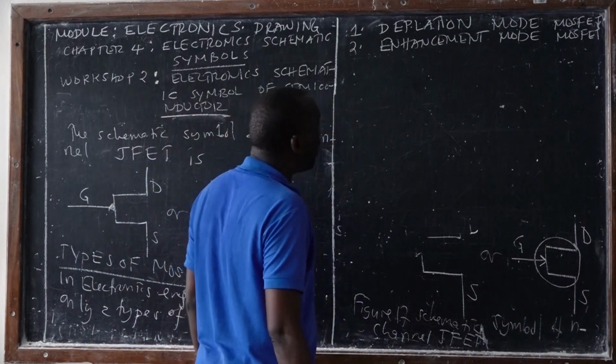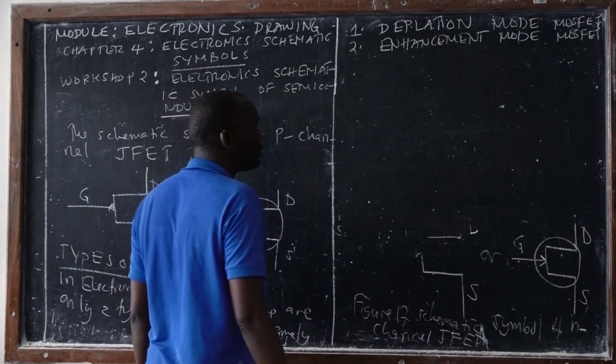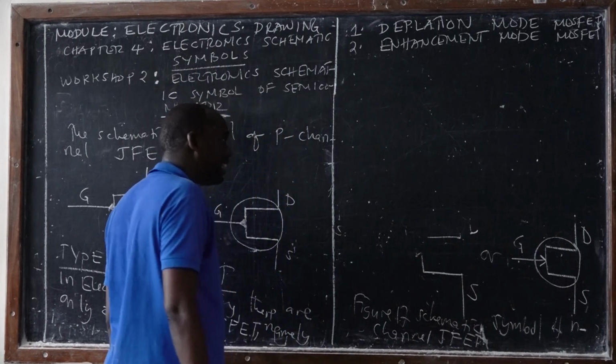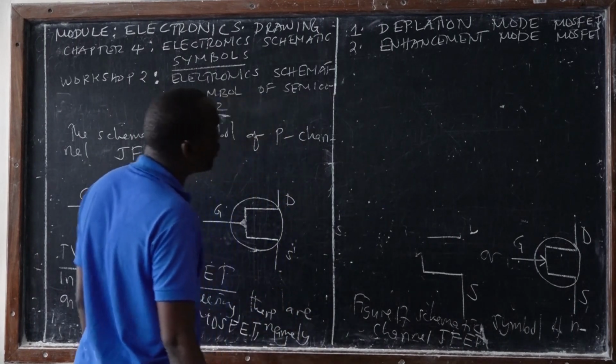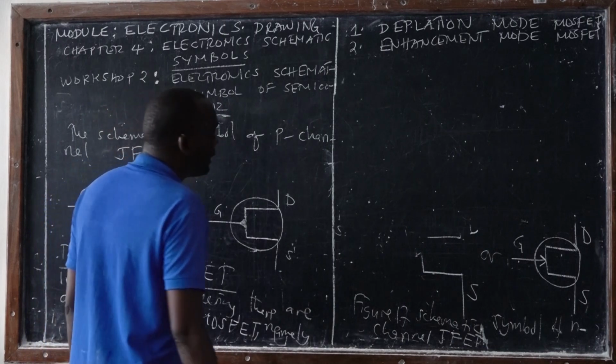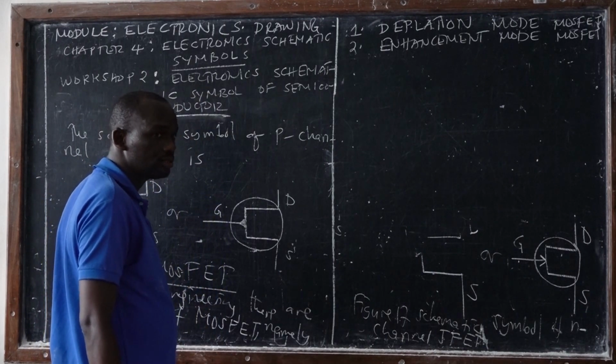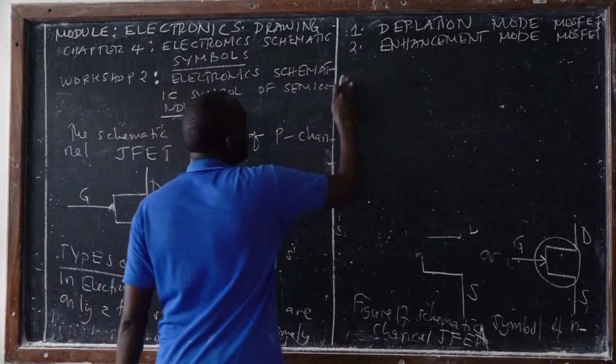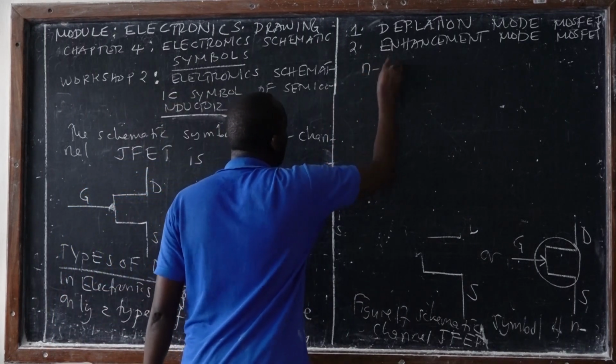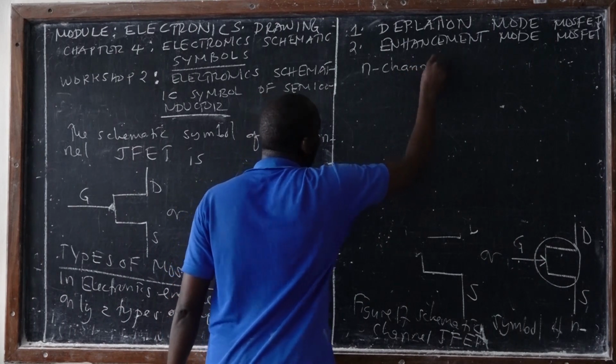So in depletion mode MOSFET, we also have two types. We have the N channel or the P channel depletion mode MOSFET. So here we have the N channel.